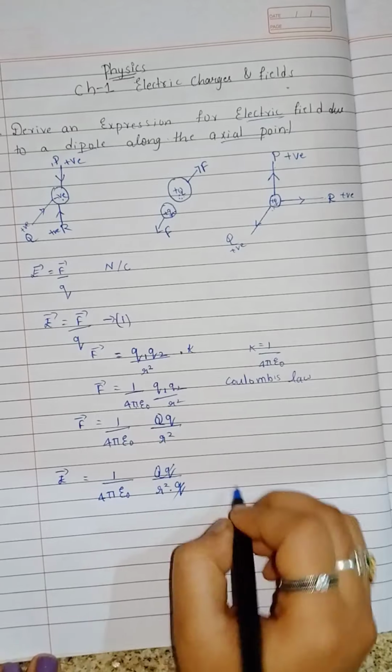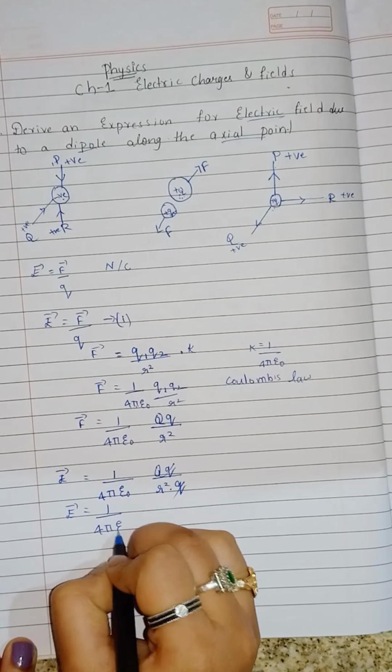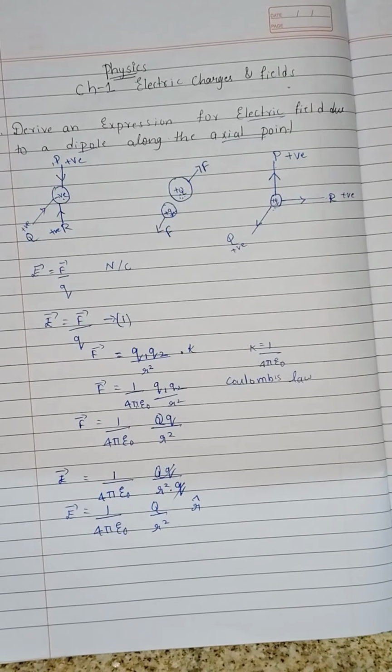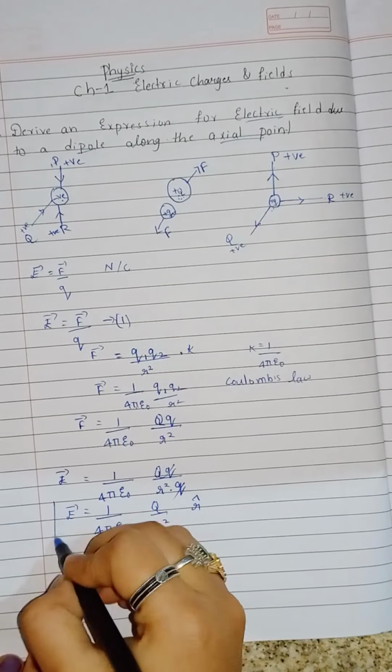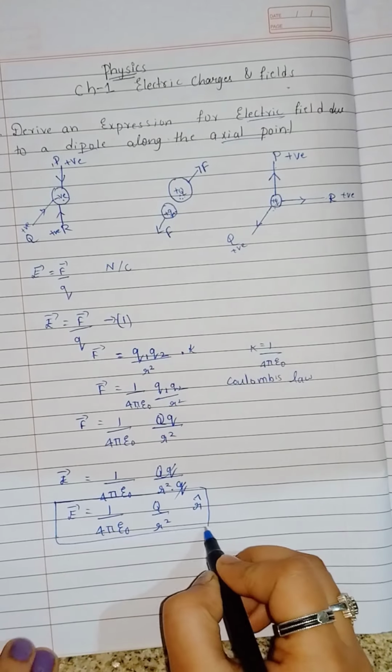The q gets cancelled. So electric field is equal to 1 by 4 pi epsilon naught Q by r square r cap in vector form, where r cap is a unit vector. We have learned about electric field. The electric field formula is this one; we can use either this or this.